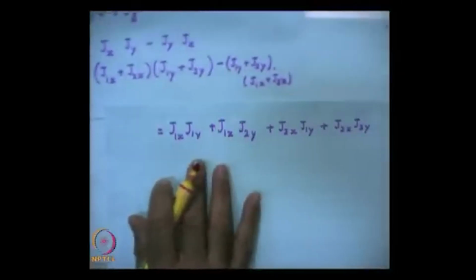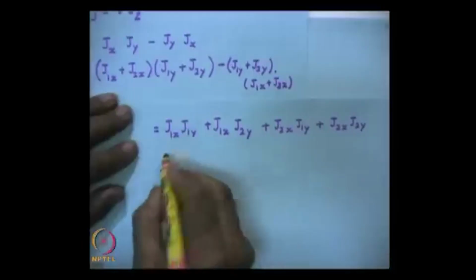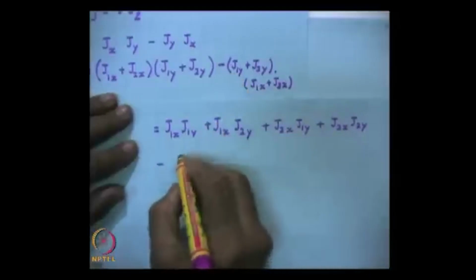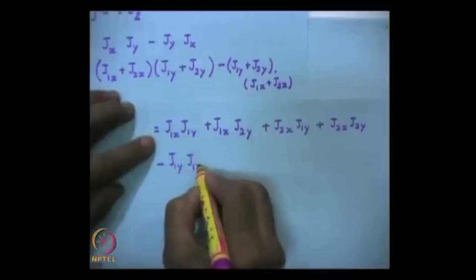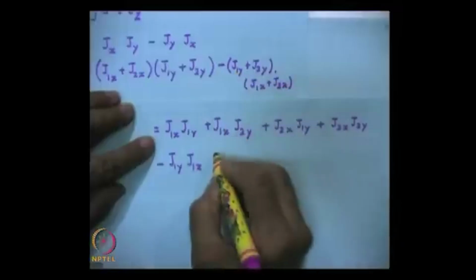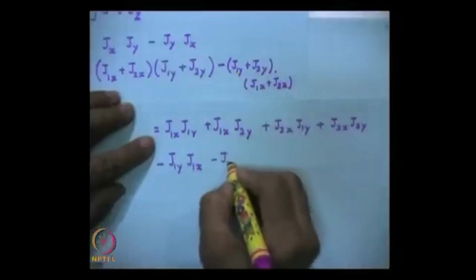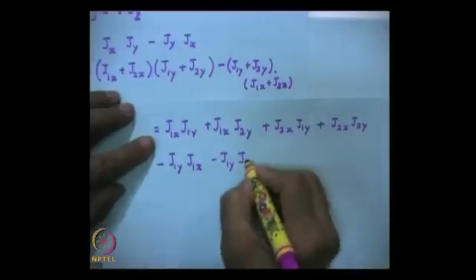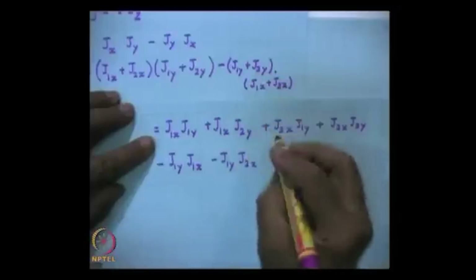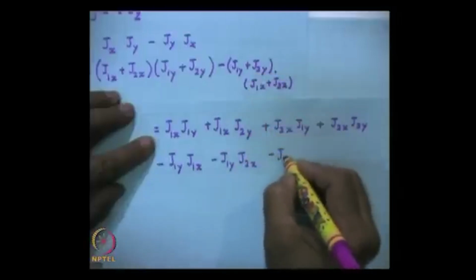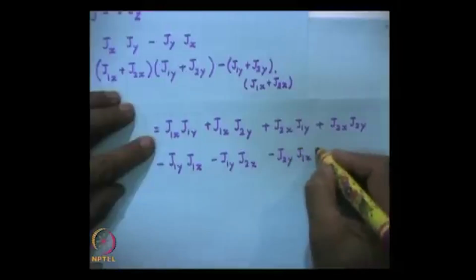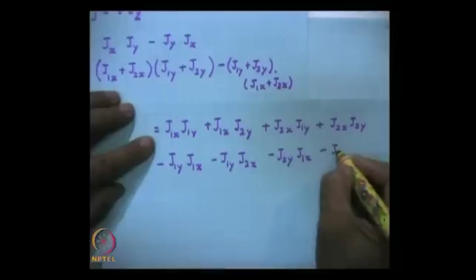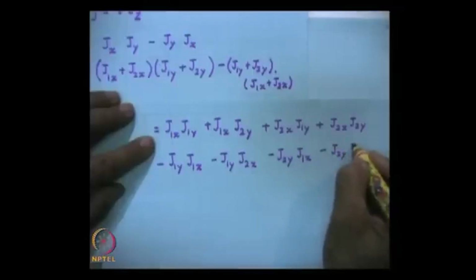And the second term will be minus J1yJ1x minus J1yJ2x minus J2yJ1x minus J2yJ2x.